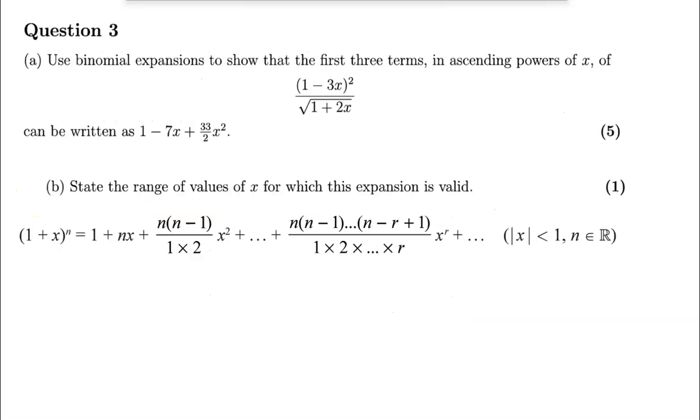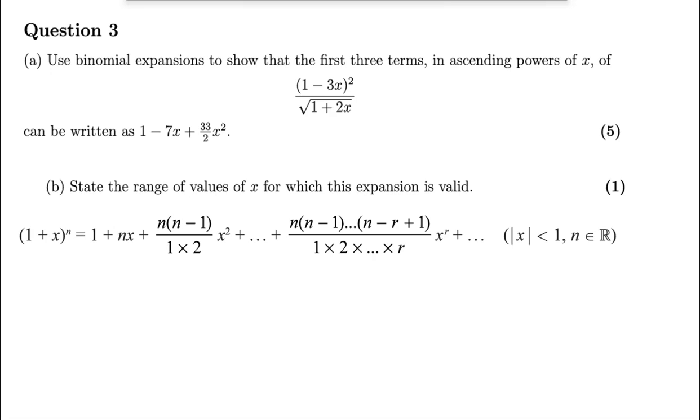And for our final question, I thought I'd show you one where you've got a fraction that you need to simplify, and you'll need the binomial expansion to be able to do that. So we've got here 1 minus 3x in the bracket squared, and we're dividing that by the square root of 1 plus 2x.